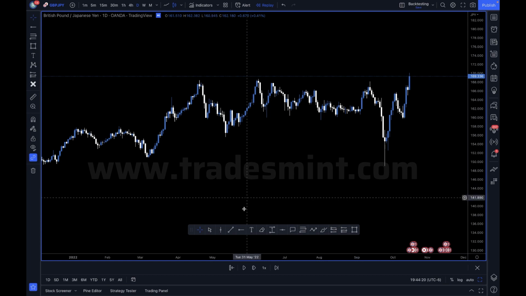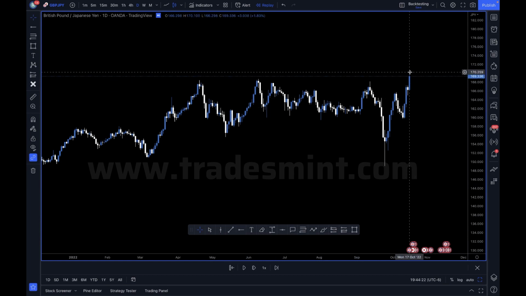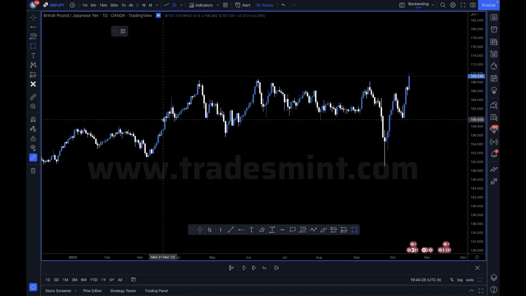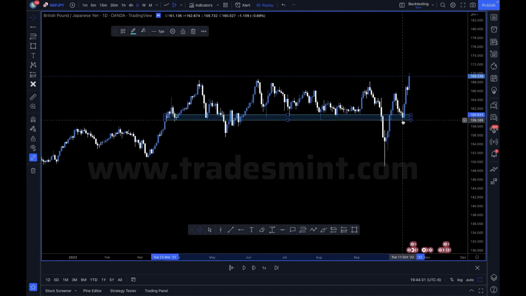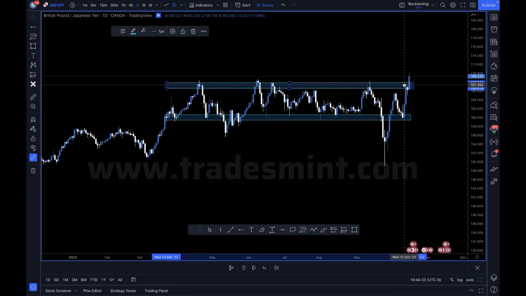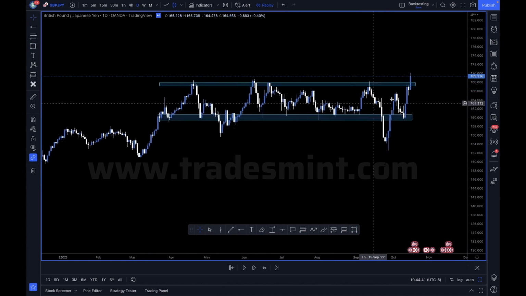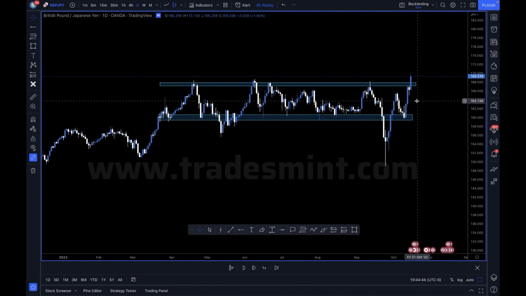So if I look at GJ, where it currently is, I see an opportunity, okay? If you look at GJ, overall, it's been ranging between these two zones. Price comes up here, all these touches here, it's been mainly just ranging.